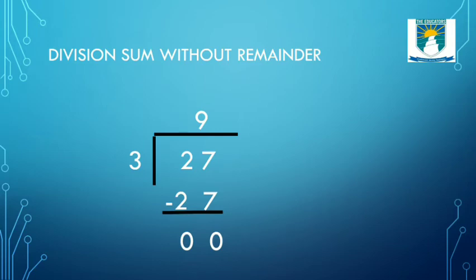I will write 9 up to the bar and 27, the product, under the dividend. I subtract 27 minus 27 is equal to 0. There is no remainder.